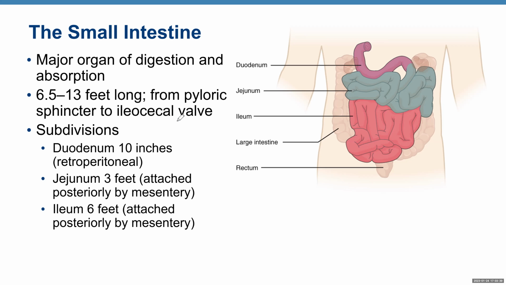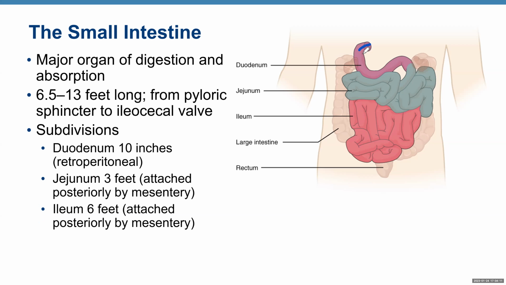Subdivisions of the small intestine include the first part, the duodenum, which is 10 inches long. It's retroperitoneal, meaning it's in the abdominal cavity but not in the peritoneal cavity. It's behind the peritoneal membrane that we already discussed. The second part is the jejunum, 3 feet, attached posteriorly by mesentery, and the ileum is the longest, 6 feet, attached posteriorly to mesentery as well.